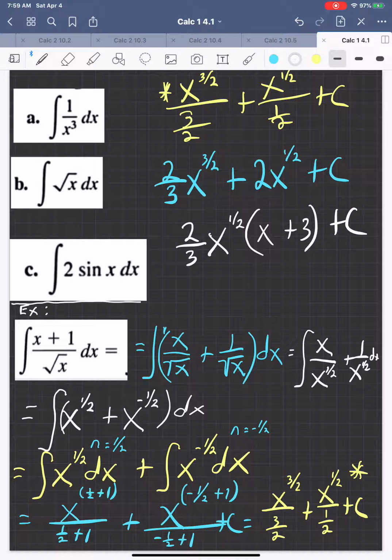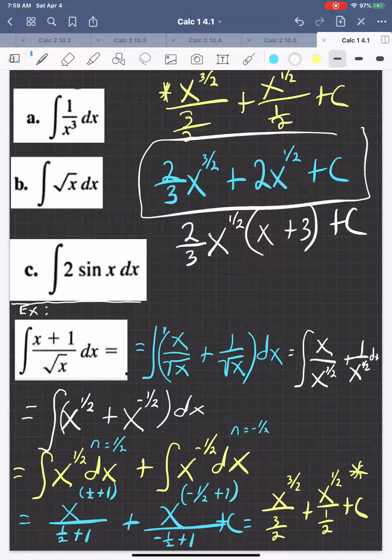So normally they probably would write that as the square root of x instead of x to the 1/2. So for now, I'm good if you can get me to here. Don't leave any negative exponents. Let's not be too sloppy, but I'm good if you can get to what I've boxed in right there.